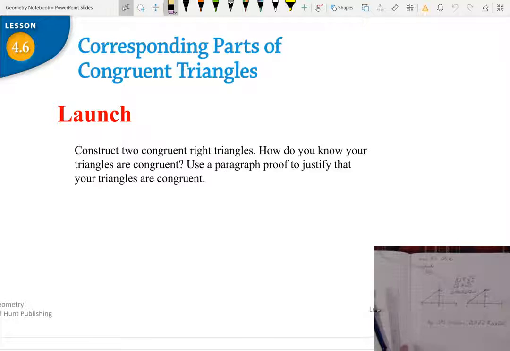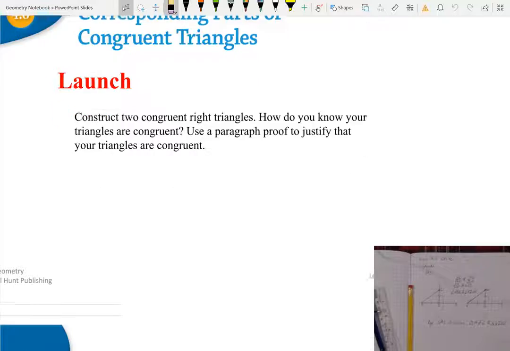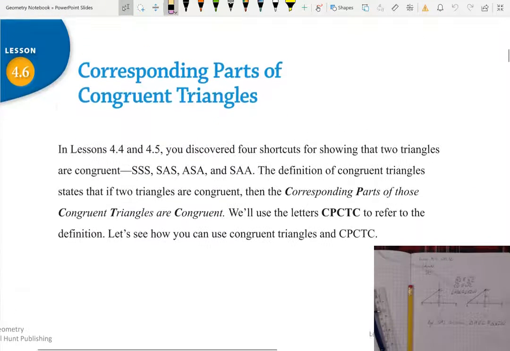And so that is the construction. This is not a paragraph proof, but it is a basic proof. These are all true. This is all given. And then by the SAS conjecture, they're congruent to each other. Okay, that's the launch. The next slide.